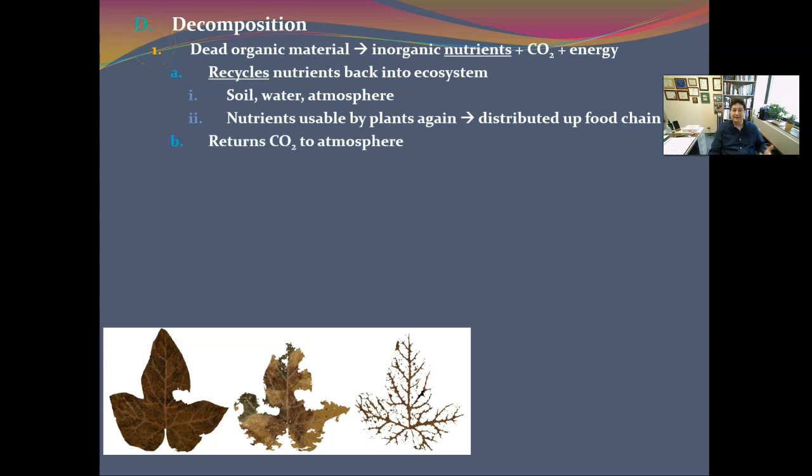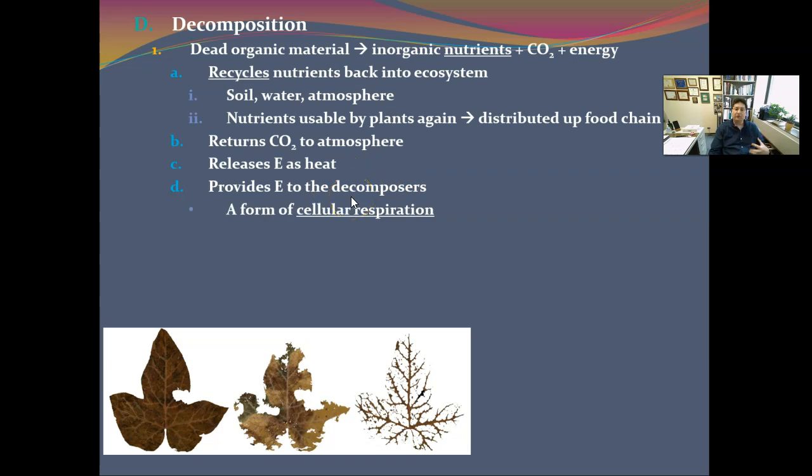So we've recycled nutrients. Decomposition returns carbon dioxide to the atmosphere and releases energy in the form of heat. It also provides energy to the decomposers that are breaking down the dead organic matter. So because it provides energy, it's a form of what we call cellular respiration, a process by which energy is produced.